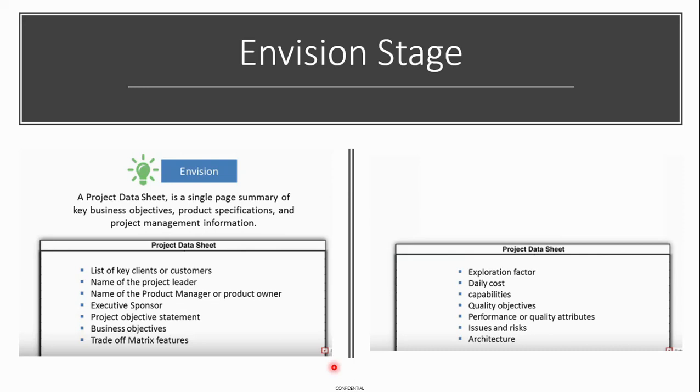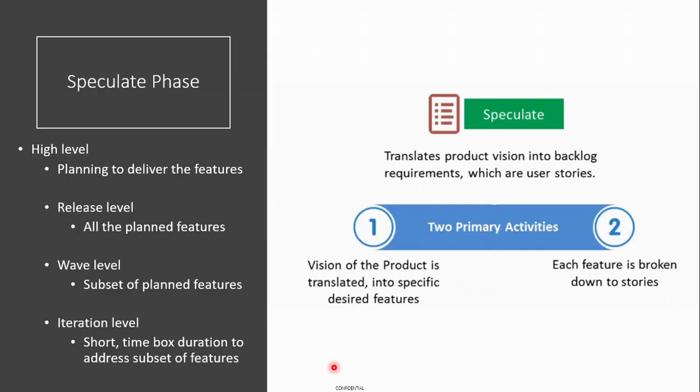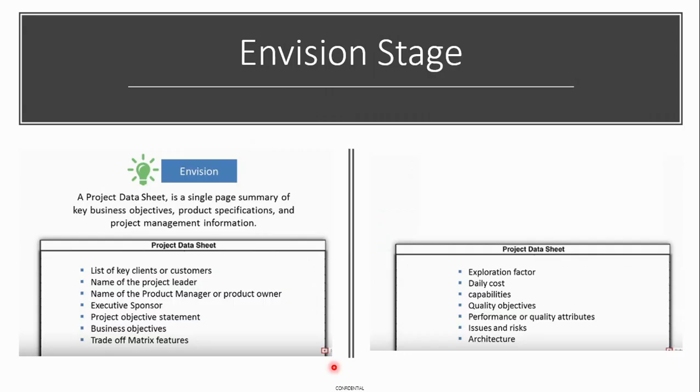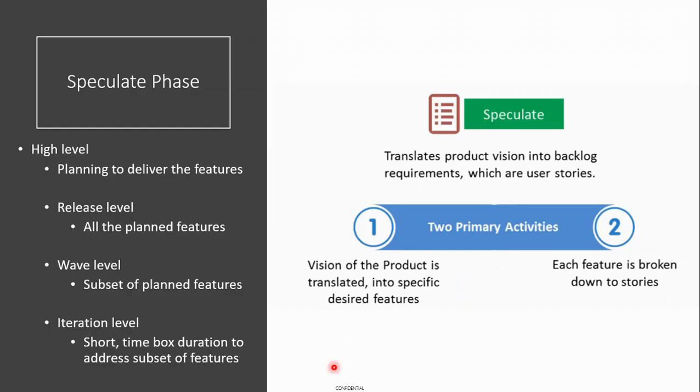Then the business objectives, any trade-offs that you are taking into account, any high-level costings that are required, the quality objectives, the attributes, and the risks. So likewise, this will be a summary data sheet that contains all the high-level factors about the project.